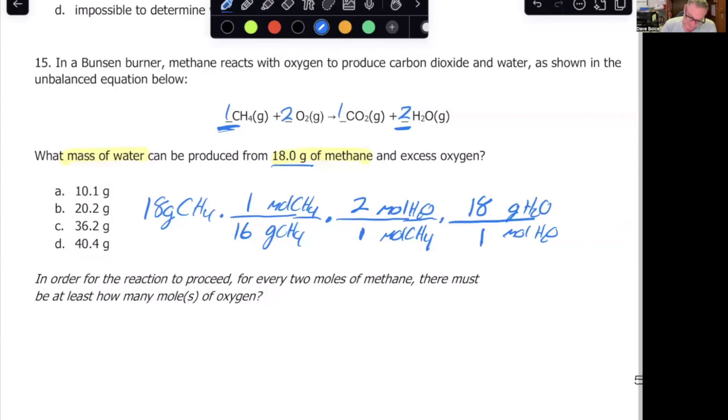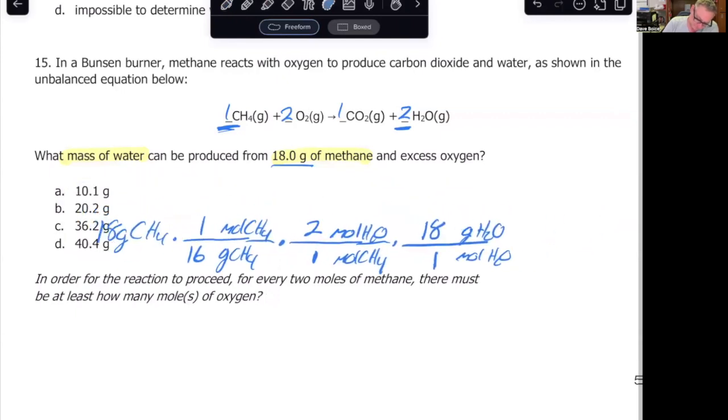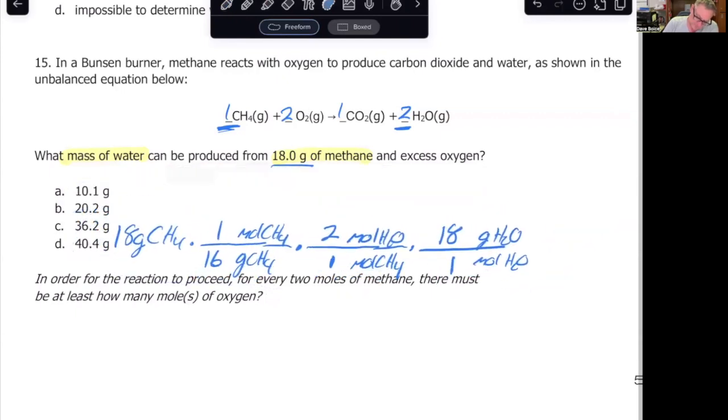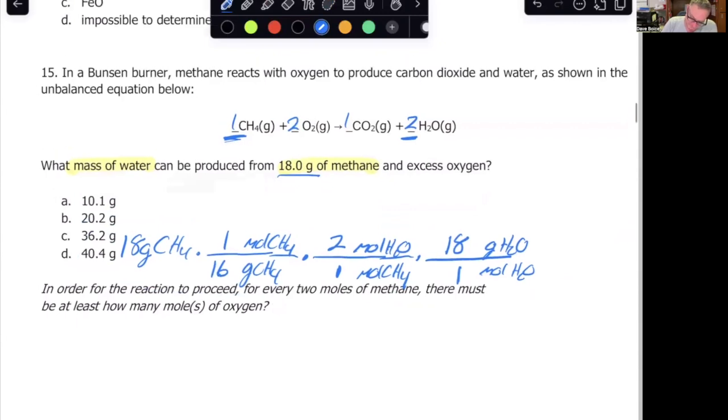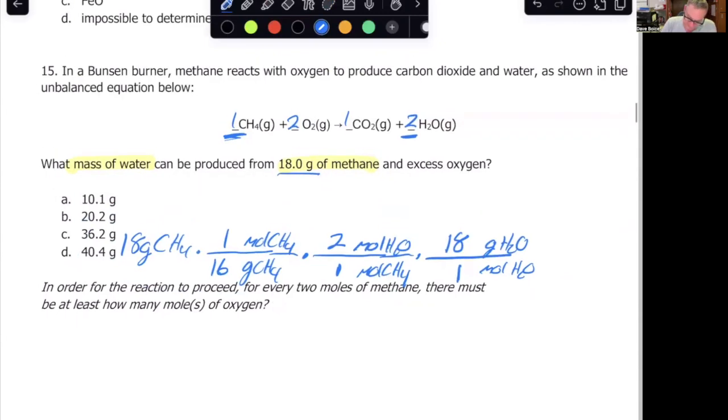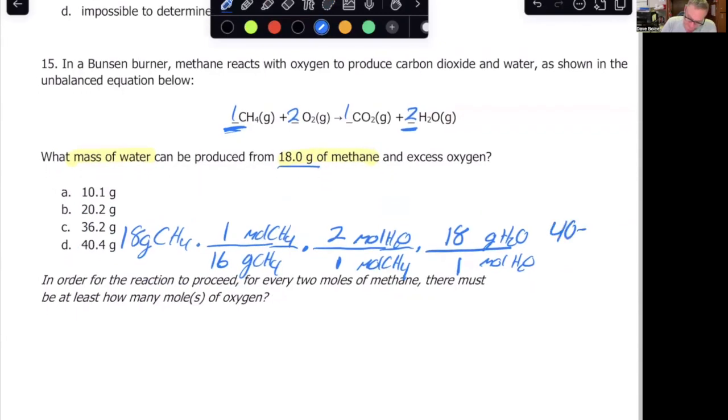So if I put that into my calculator, that is going to be equal to somewhere between 40 and 41 grams. Now, of course, since this is a multiple choice, you can probably guess what the answer is for that one.